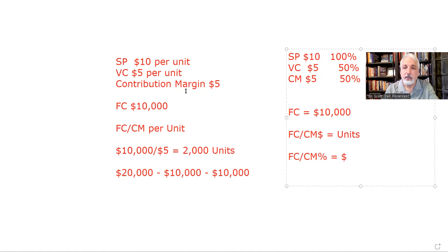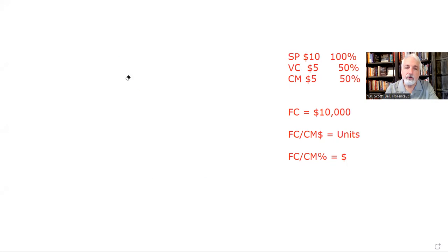Let's explore and see what we come up with for our percentage and for our units. So here we had our fixed cost, 10,000, divided by $5 per unit, and ended up with 2,000 units.